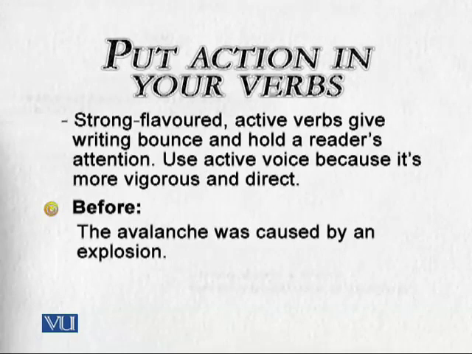The avalanche was caused by an explosion. Now, this is a passive sentence. Here I would like to tell you the difference between passive and active. A passive sentence is one which does not talk that much about the verb and, of course, its actor.